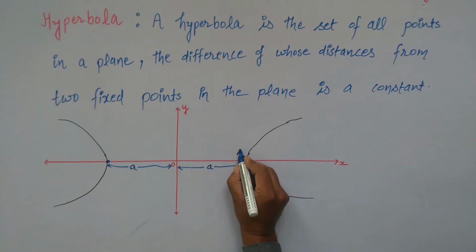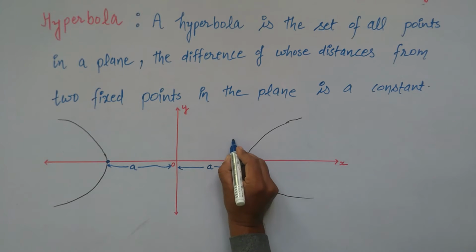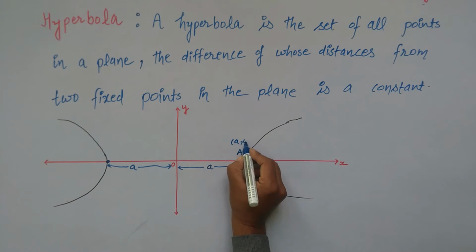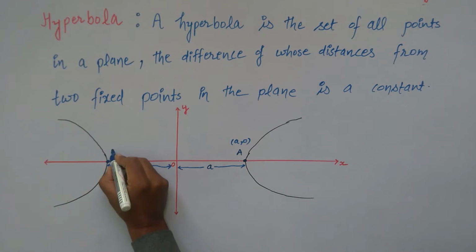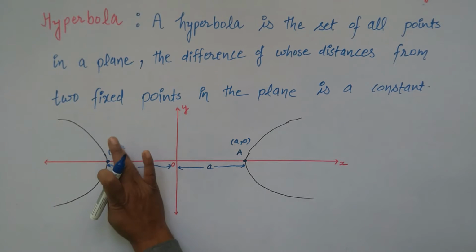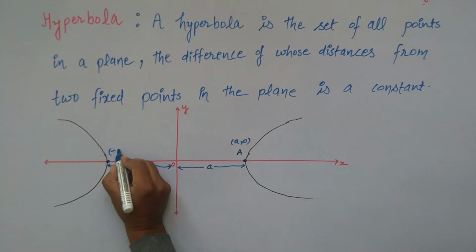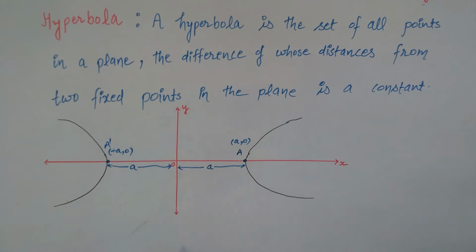The coordinates of A are (a, 0). Here the coordinates of A dash, the image of point A, are (minus a, 0).